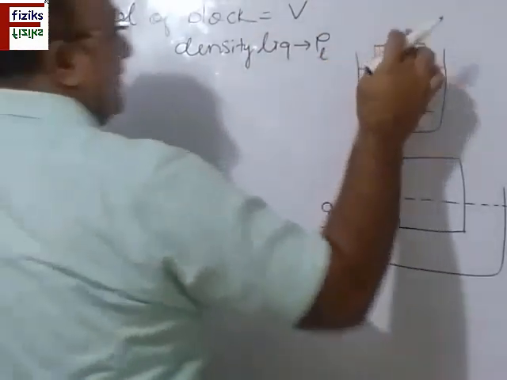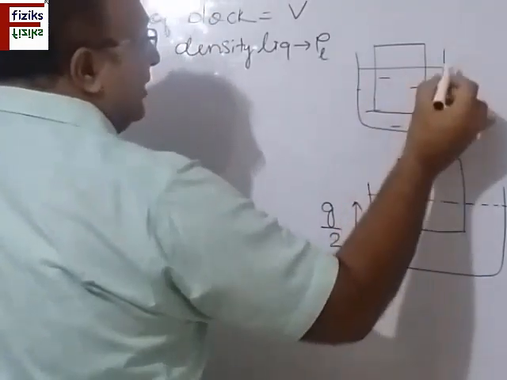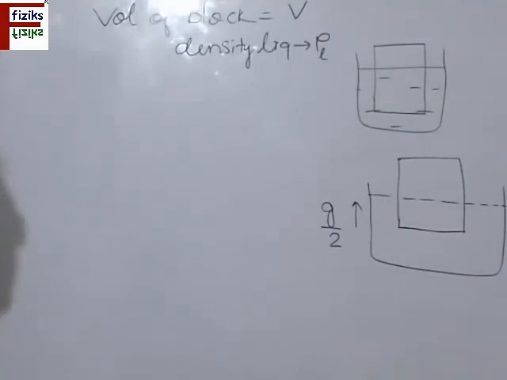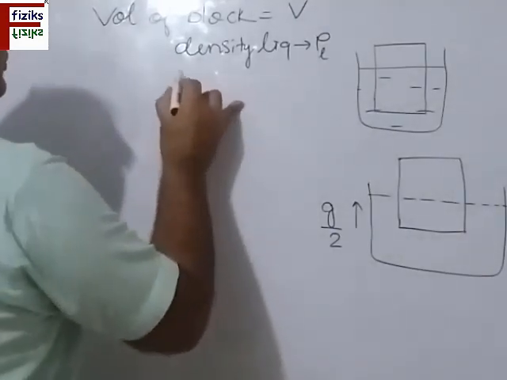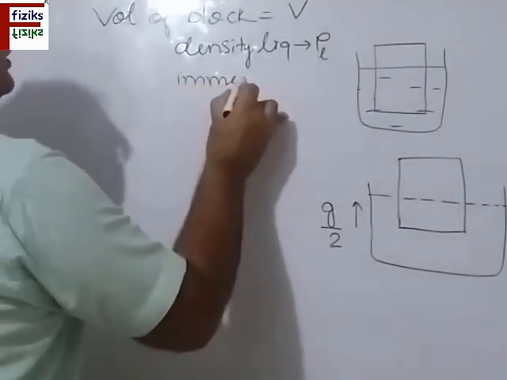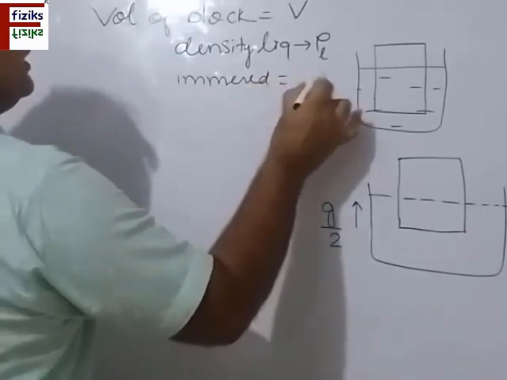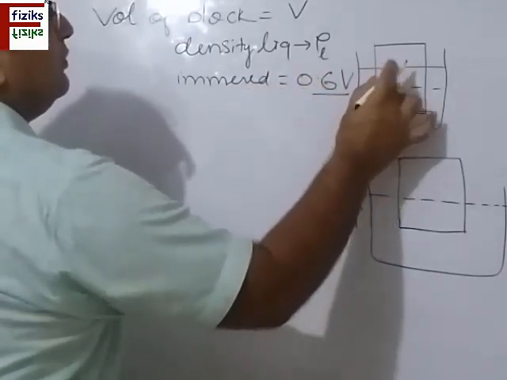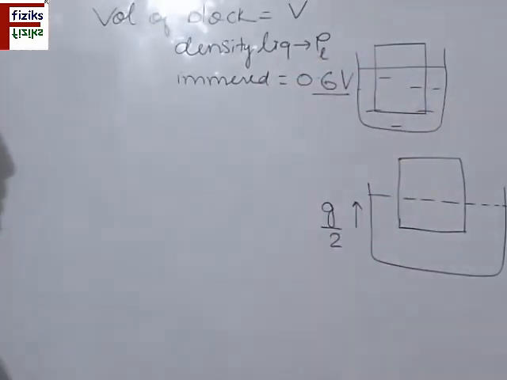Mass of this block is m, and here in this case 40% is outside water. So immersed volume in the first case is 60%, 0.6 times of the total volume. This volume is immersed in liquid.